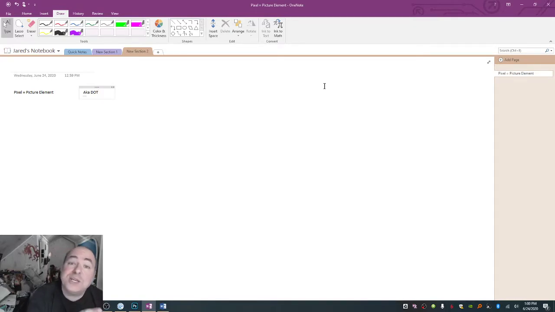There is a difference between a pixel and a dot. I want to explain it really fast, and we'll explain it in more detail later on. Basically, people ask me all the time, Jared, how big is a pixel? And I say, a pixel is a unit of measurement. Pixels measure data. A dot is a pixel in physical form.